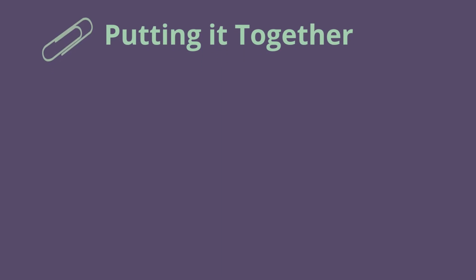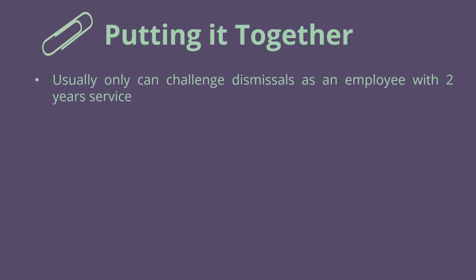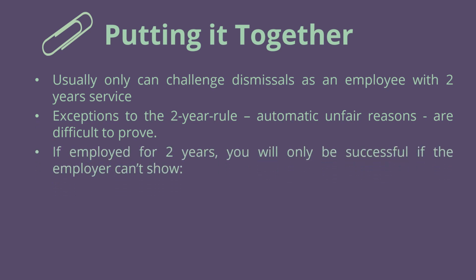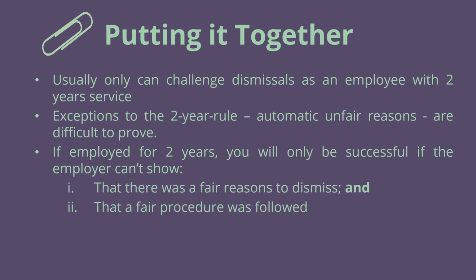So at the end of these 3 videos on dismissals, what have we learned? We learned that you can normally only challenge dismissals once you've been employed for 2 years. We learned that whilst there are exceptions to this rule, they are difficult to prove. We also learned that if you have been employed for 2 years, you can only successfully challenge a dismissal if your employer is unable to show that there was a fair reason to dismiss, and that there was a fair process followed in dismissing you.